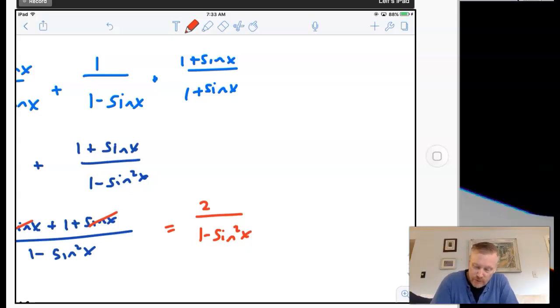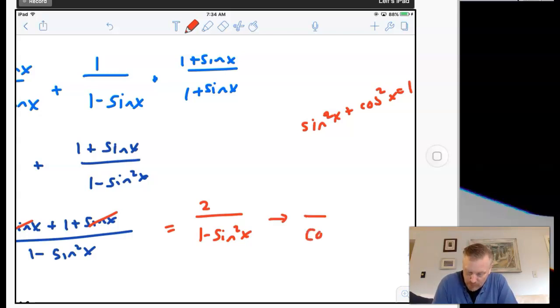So if I took that and manipulated it, I get 1 minus sine squared of x equals cosine squared of x.